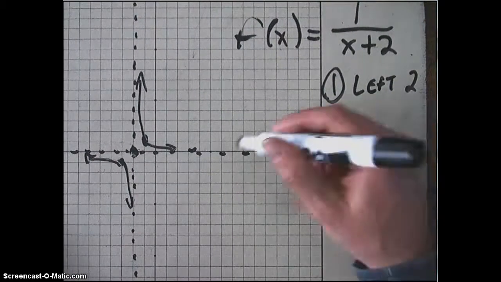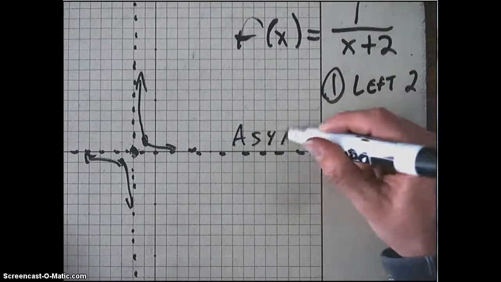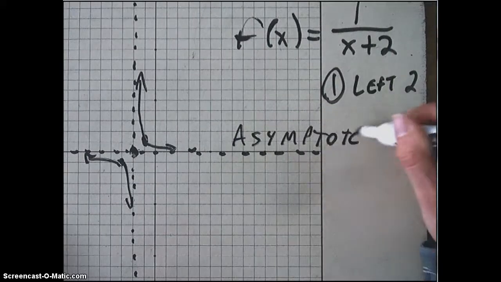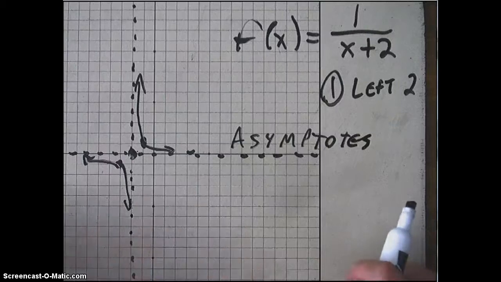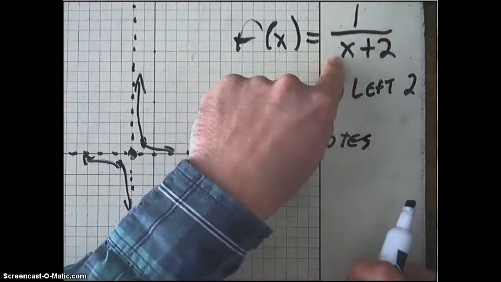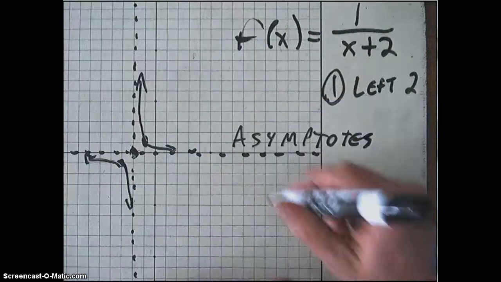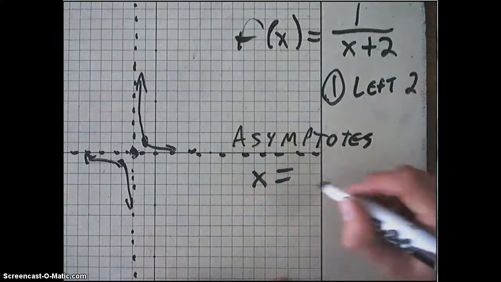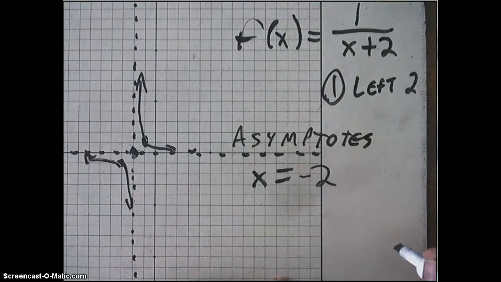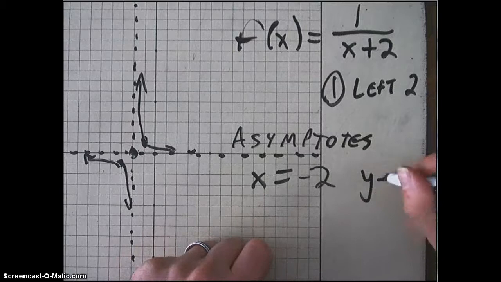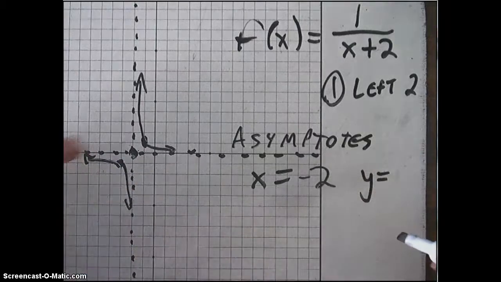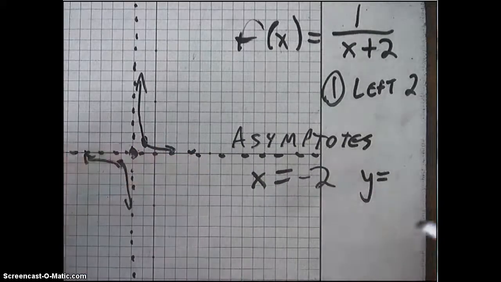So the asymptotes. And at this point, hopefully you can get the asymptote from the equation. It's just going to be the opposite of that. It's going to be x equals negative 2. That's the vertical. And the horizontal is this one right here, y equals 0.